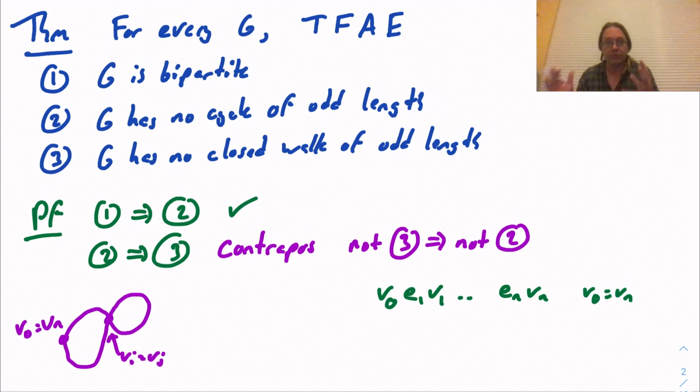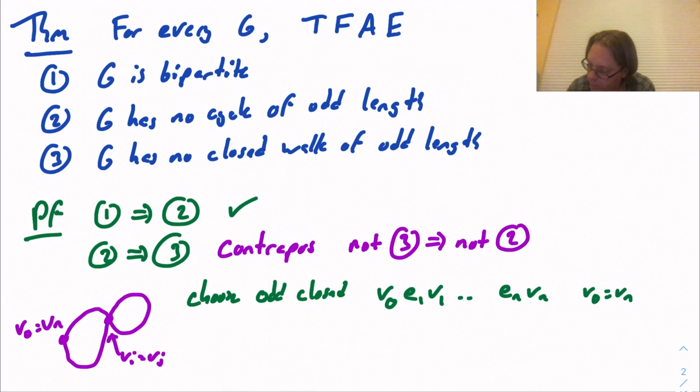I'm just going to choose an optimal one, and we'll verify that that optimal one has the desired property. So now we'll choose an odd closed walk of minimum length.